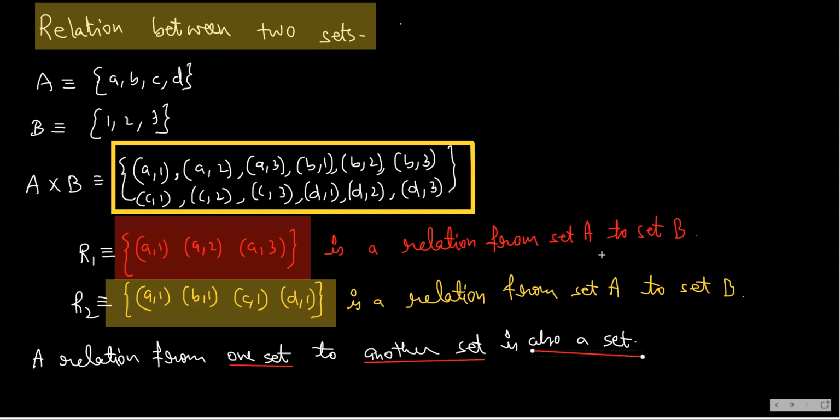You can check a relation from set A to set B. What is it? This is also a set. It is a set of ordered pairs. Rather, we should be more precise to write here: a relation from one set to another set is also a set, and rather it is a set of ordered pairs.